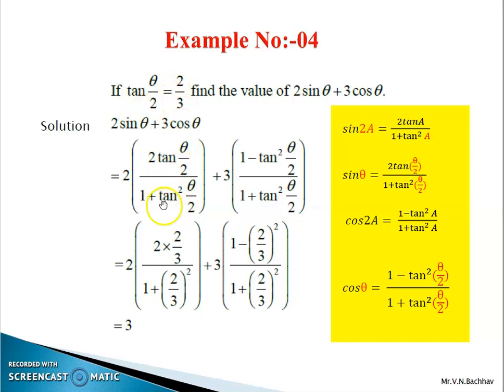We replace here tan theta by 2 is equal to 2 by 3 in each and every term. 2 in bracket 2 times 2 by 3 divided by 1 plus 2 by 3 bracket square plus 3 in bracket 1 minus 2 by 3 bracket square divided by 1 plus 2 by 3 bracket square. Try to simplify, friends. After simplification we get the value or solution is 3. Hence 2 sin theta plus 3 cos theta is equal to 3.